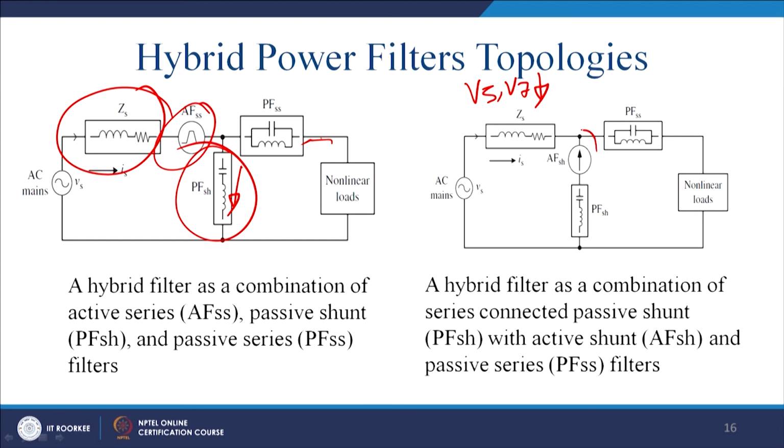You inject the fifth and seventh harmonic, ultimately sunk, the direction is such that whatever the nonlinear load is having will be transformed, and there is a small amount of voltage harmonic that may be there, that can be suppressed by this series filter.